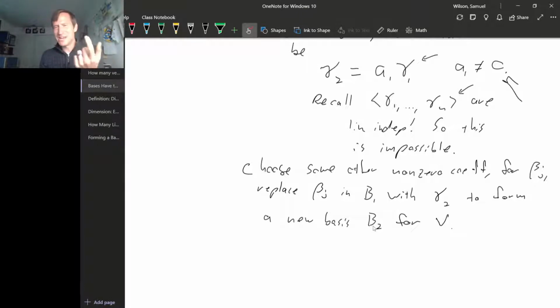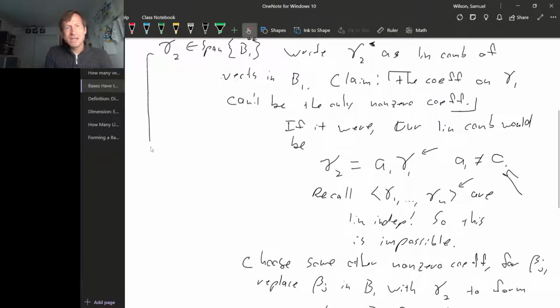We don't know which two betas, right? I called them i and j, but we don't know where those are in the list. Well, you can see that this step here, now that we've done this for gamma 2, we can do this for gamma 3 now.